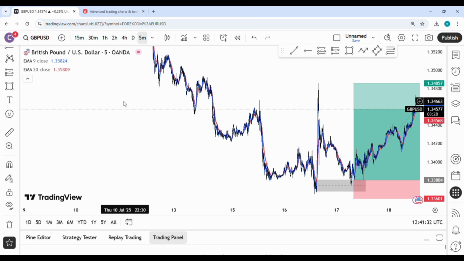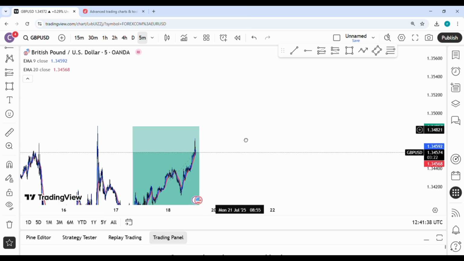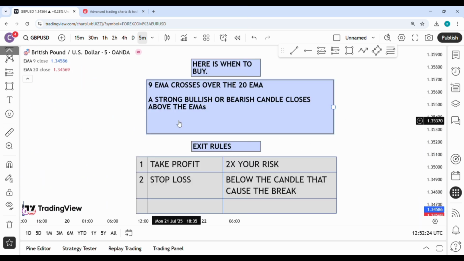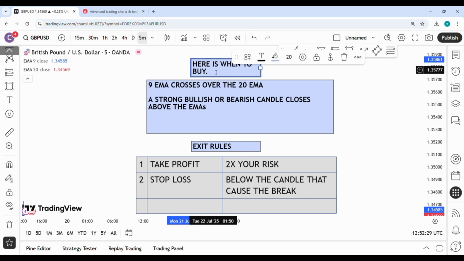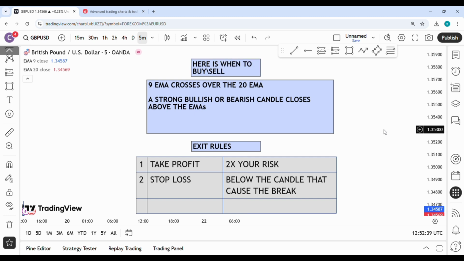Now here are the rules. We have rules in everything, and here are the entry rules and the exit rules for both buy position and sell position. These rules comprise both the buy positions and the sell positions. We are going bullish, we are going bearish. These rules will guide you.